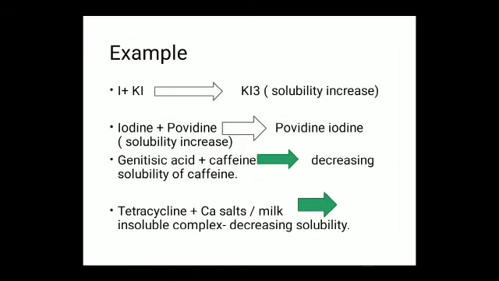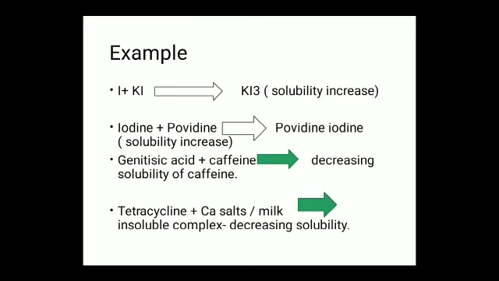Example: iodine is normally insoluble, but by the addition of potassium iodide it is converted into a soluble complex, potassium triiodide. It is a soluble form. Another example: the combination of iodine and povidone increases the solubility in the form of povidone iodine.